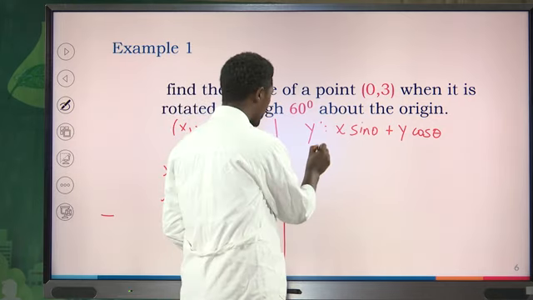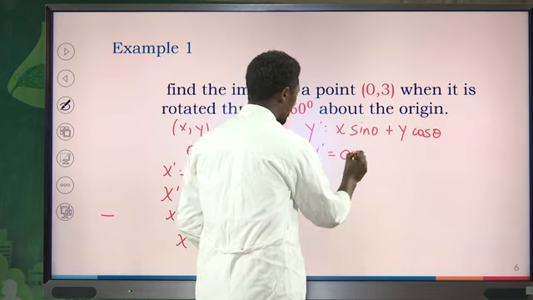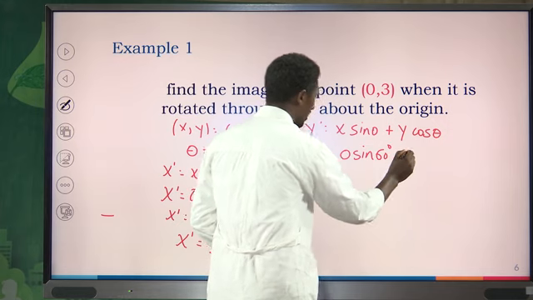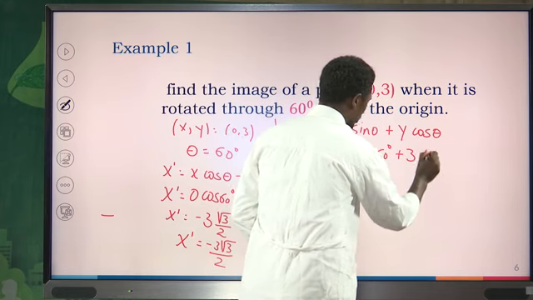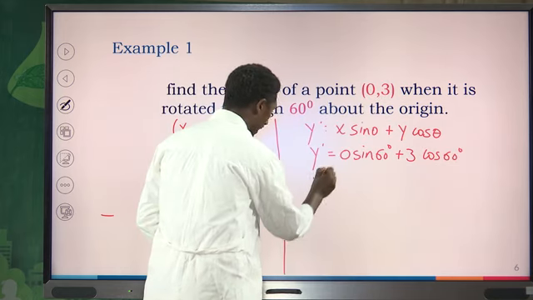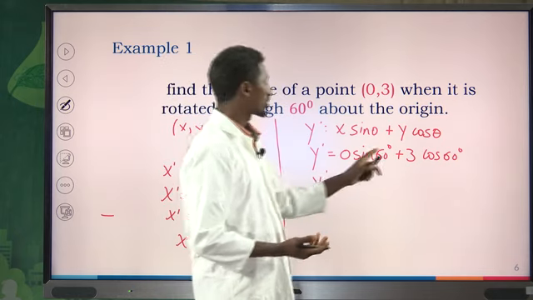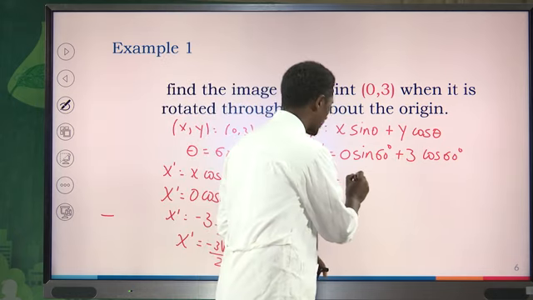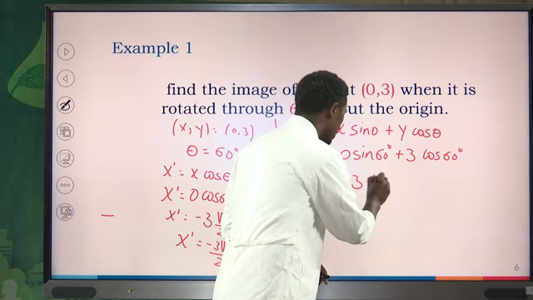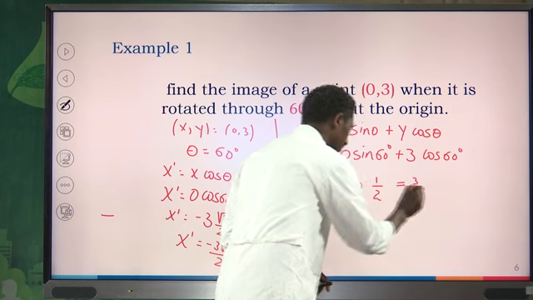So y' equals, x is 0, then sin 60 degrees, then plus 3 times cos 60 degrees. Therefore, y' equals 0 times sin 60 degrees is 0, plus 3 times cos 60 degrees. That is 3 times cos 60, which is 1 over 2, so 3 times 1 over 2, which is 3 over 2.